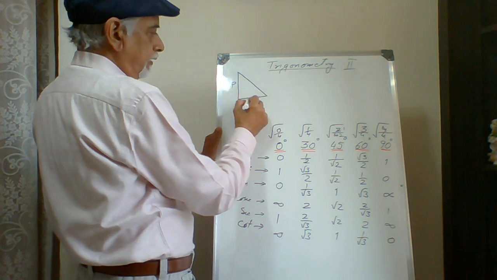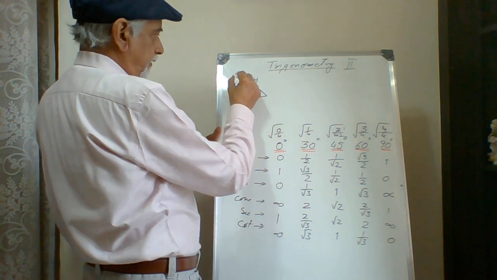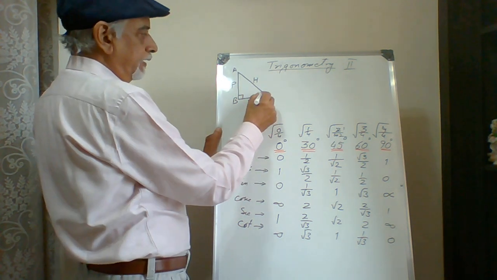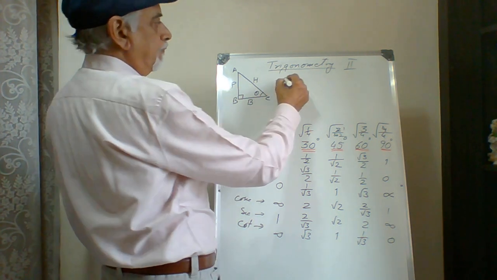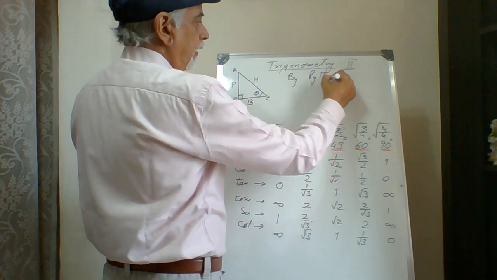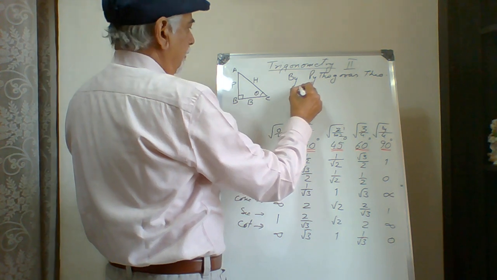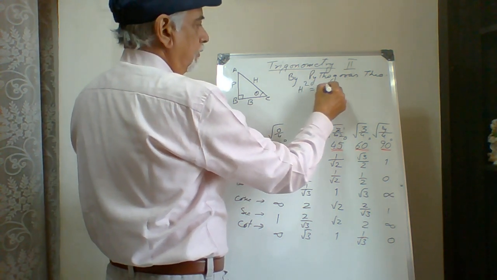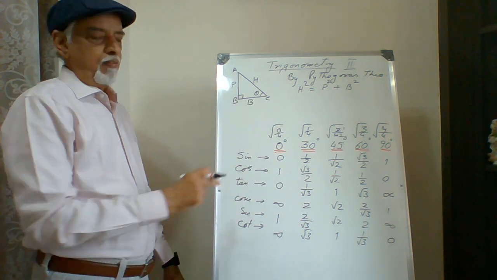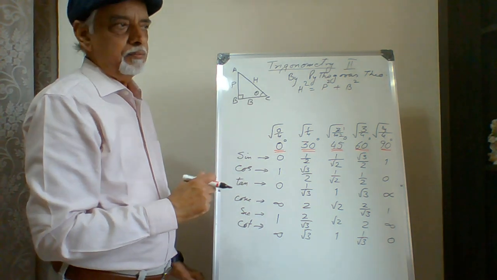If this is P, this is B, this is H, and suppose this is a triangle ABC, this being 90 degrees and this angle is theta, then by Pythagoras theorem we can write H square is equal to P square plus B square. That means hypotenuse square is equal to perpendicular square added to the base square.